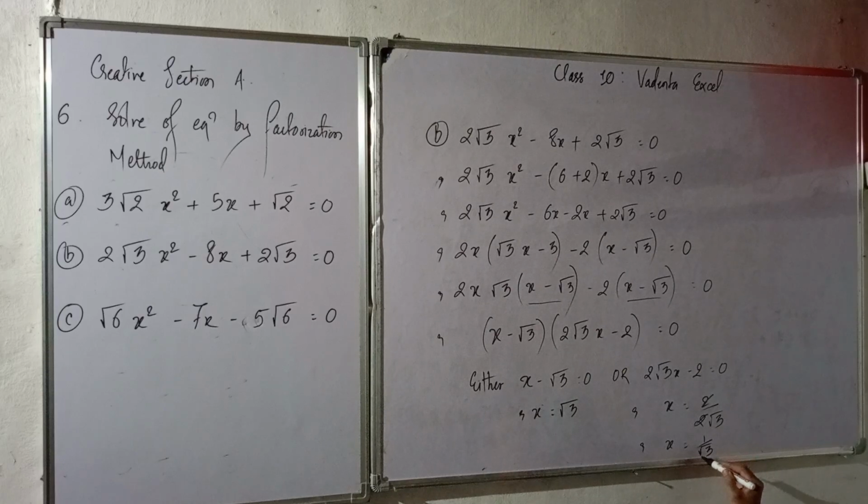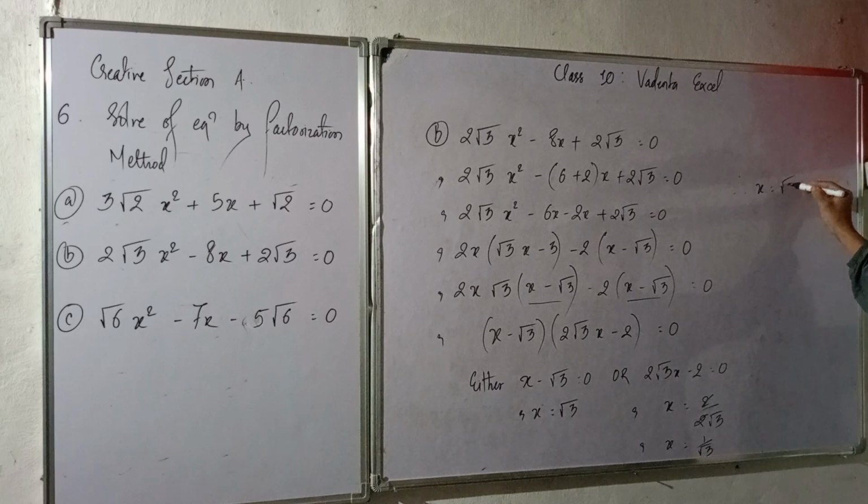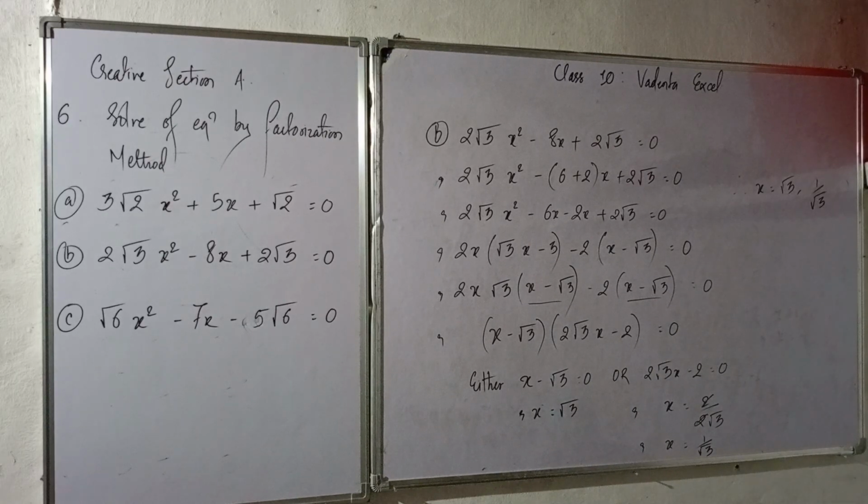So there will be 2 values of x, therefore x equals root 3, and another will be 1 by root 3.